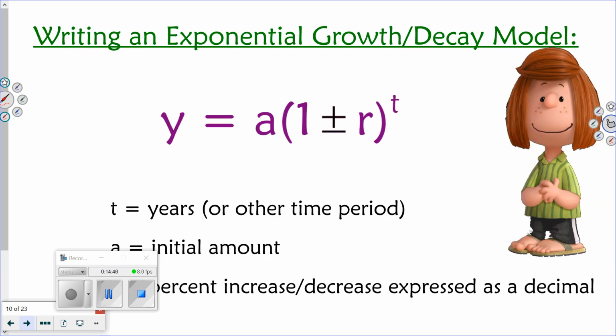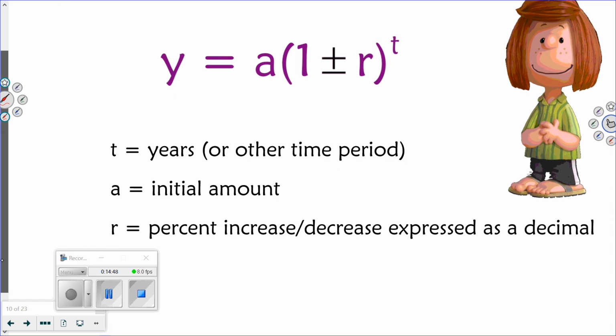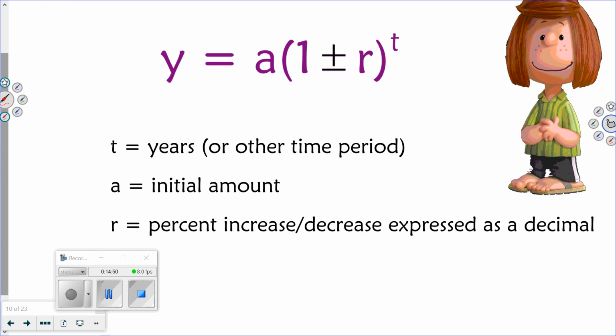So here's your formula. I will give you guys a formula sheet because we're going to have a couple formulas today. But for this one, I have a plus or a minus in here. Why would I use a minus and not a plus if it was decay? Because decay would be 1 minus that percent, which would drop it between 0 and 1, which would make it decay. T is always in years. A is the initial amount, right?